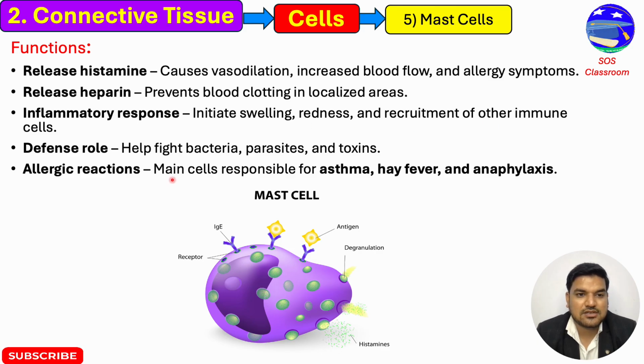Next, the defense role helps fight bacteria, parasites, and toxins. Next, the allergic reactions, because mast cells are mainly responsible for asthma, hay fever, and anaphylaxis. So the main function of the mast cells is the releasing of histamines and heparin. Heparin helps prevent blood clotting, and histamines help with vasodilation, increased blood flow, allergic reaction, and inflammations.